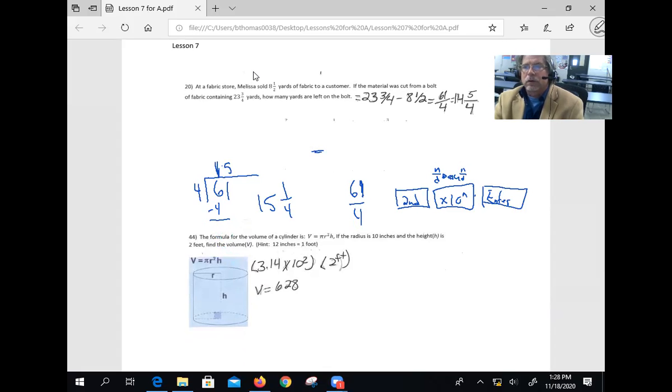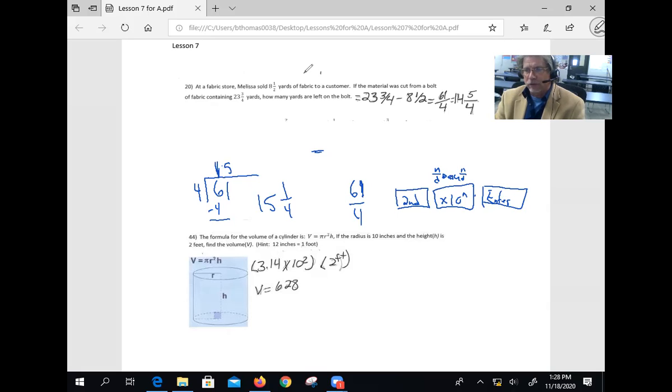So on 44, again, you'll have the GED formula sheet. So the formula will be given to you for volume. Volume equals pi times r squared times h. If the radius is 10 inches and the height is 2 feet, find the volume. Notice there's a hint here. 12 inches is equal to 1 foot.